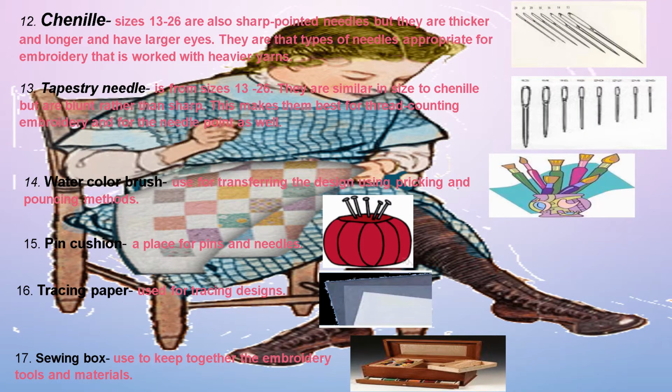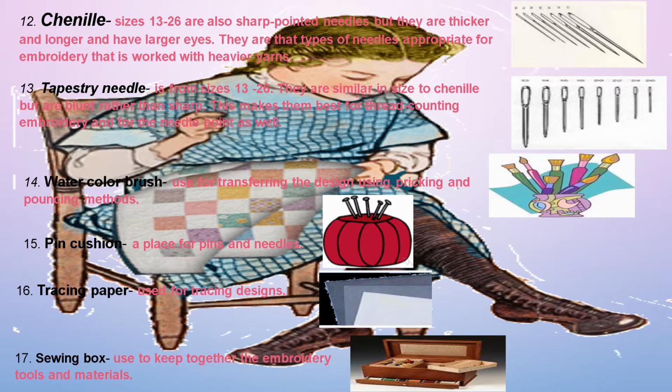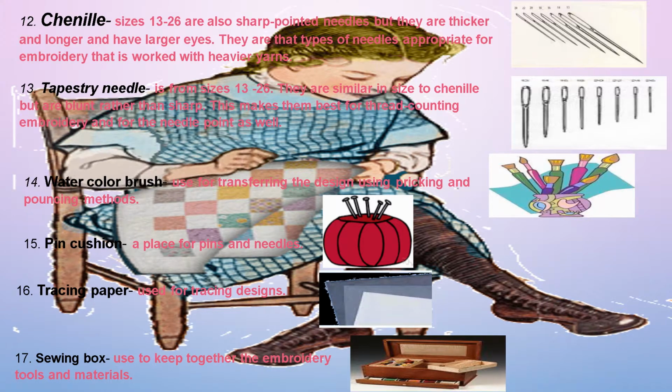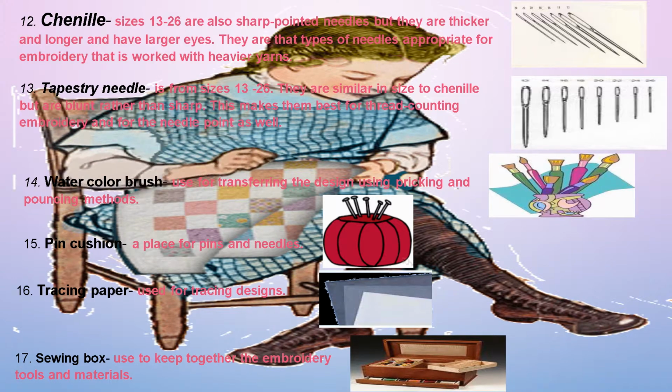Chenille: sizes 30 to 26 are also sharp-pointed needles, but they are thicker and longer and have larger eyes. They are the type of needles appropriate for embroidery that is worked with heavier yarns.